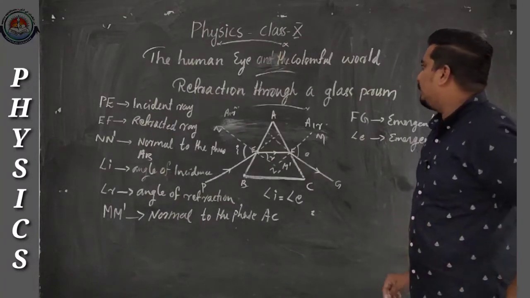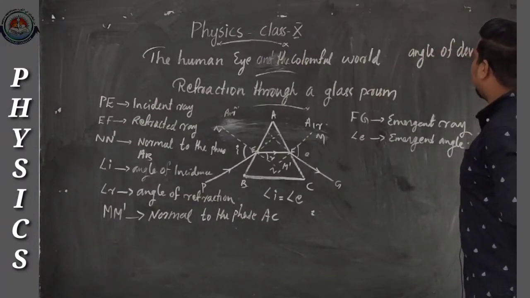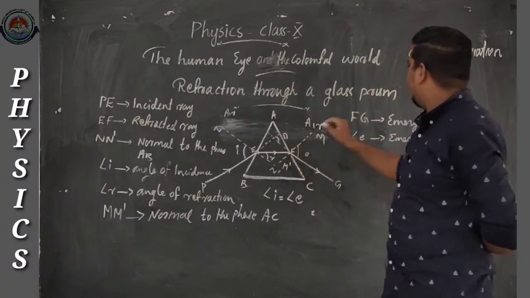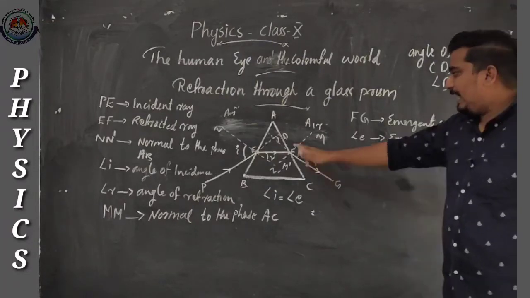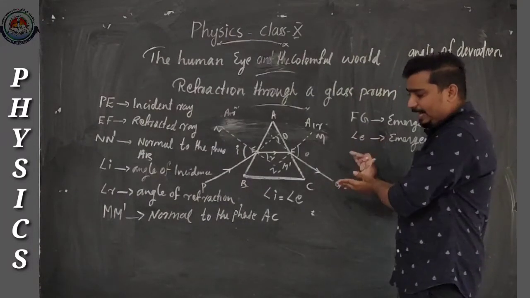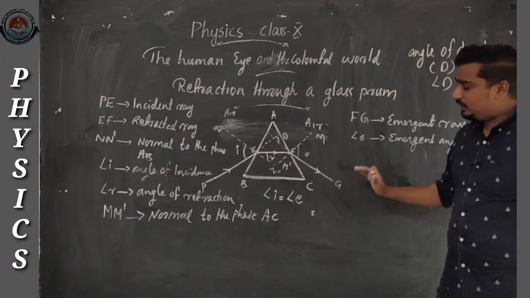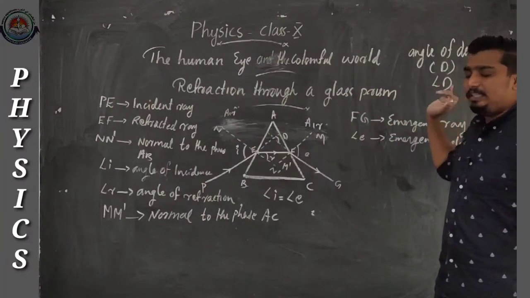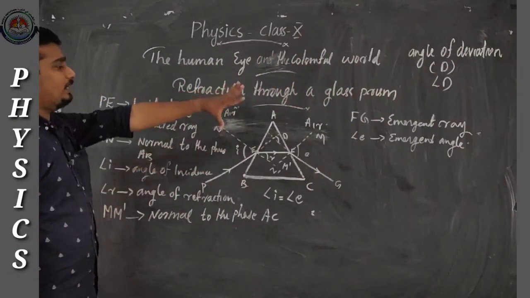That angle is called the angle of deviation, represented as capital letter D, that is angle D. This is the refraction through a glass prism.